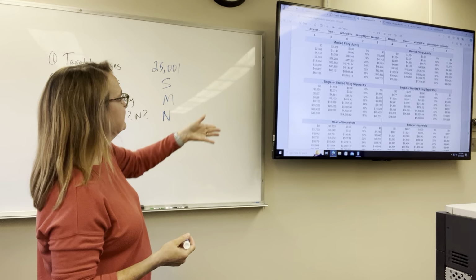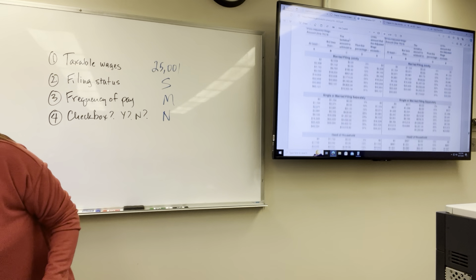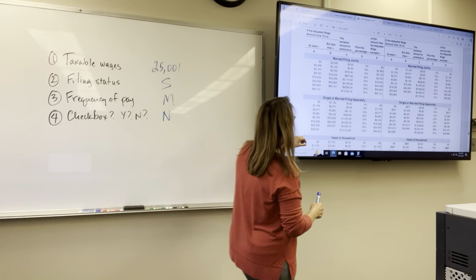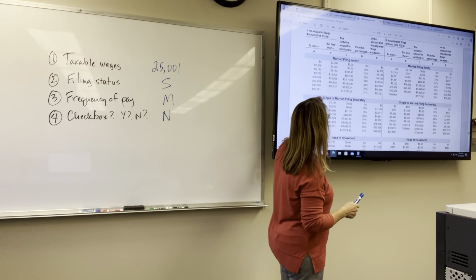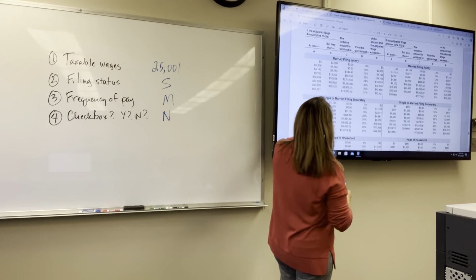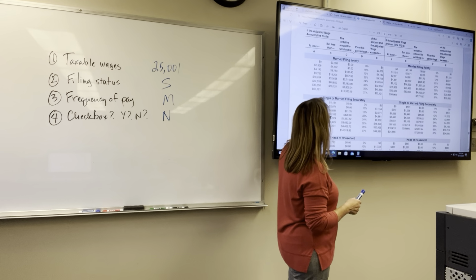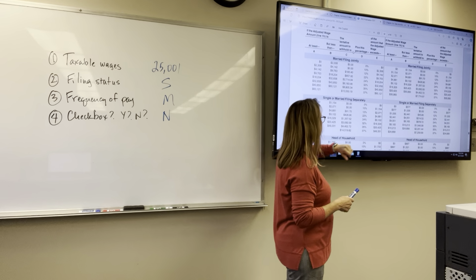All right, so 25,001 is at least 16,329. Oh, I'm sorry. Oh, it is the second lowest. I was thinking it was 20,425. Between 20,425 and 49,331.